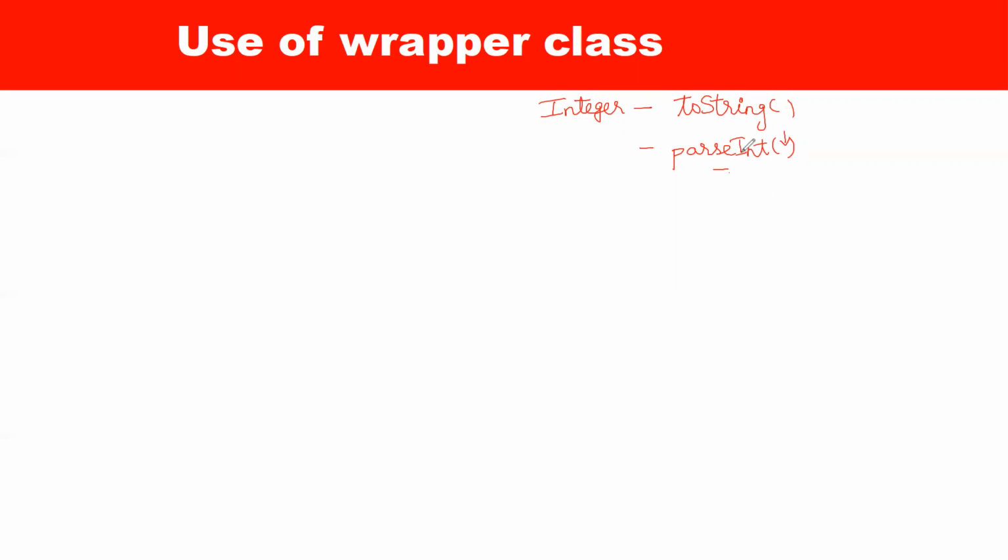Fine. I'll repeat. toString accepts the argument, any argument, it could be float, int, double, and converts the accepted argument into string, right? The return type of toString is a string.